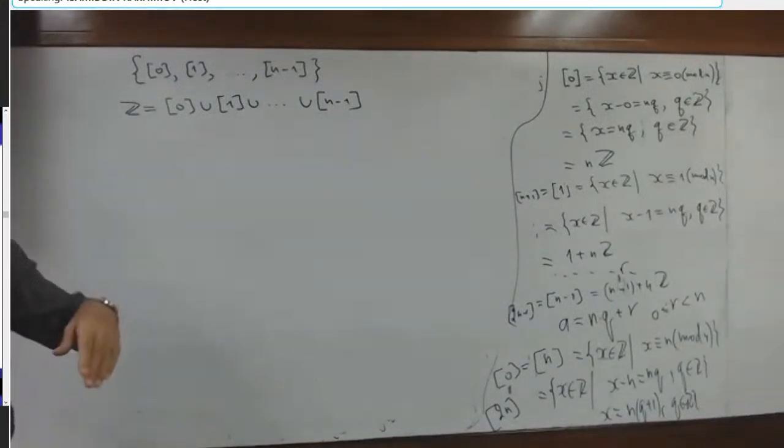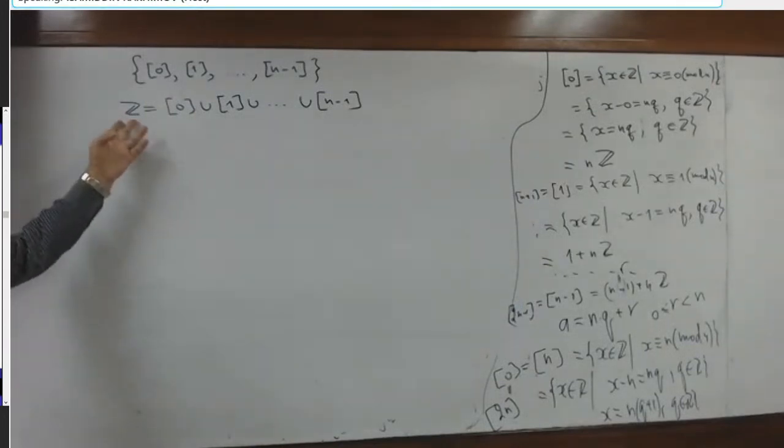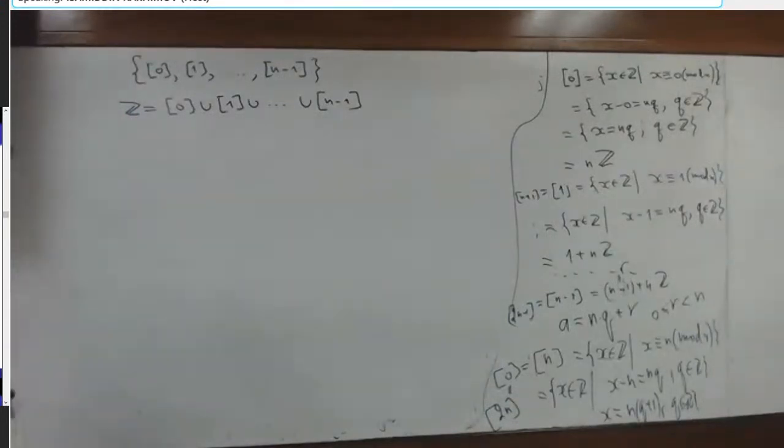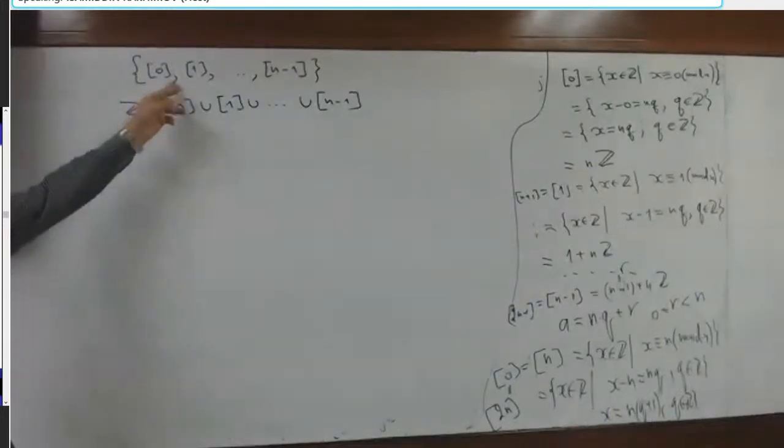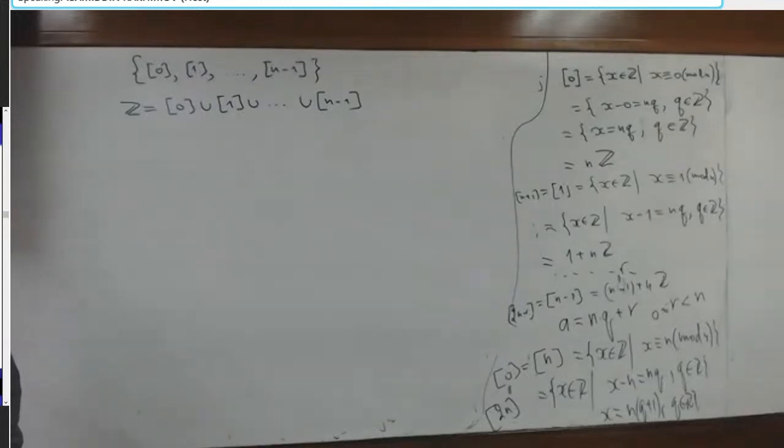There is an addition and multiplication operation there. You can add any two elements of Z, then multiply. That addition and multiplication operation can be induced to this set of partitions, the set of equivalent classes. So how to do it?